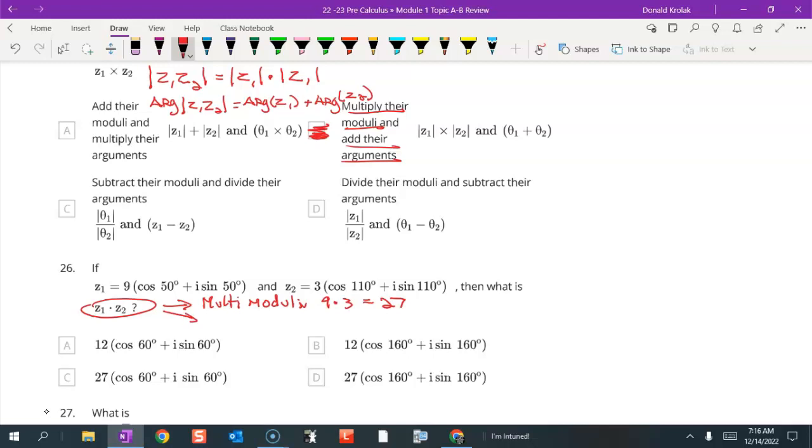And then I'm going to add the arguments, which is 50 plus 110. So that's 160. So I'm looking for 27, 160 right here.